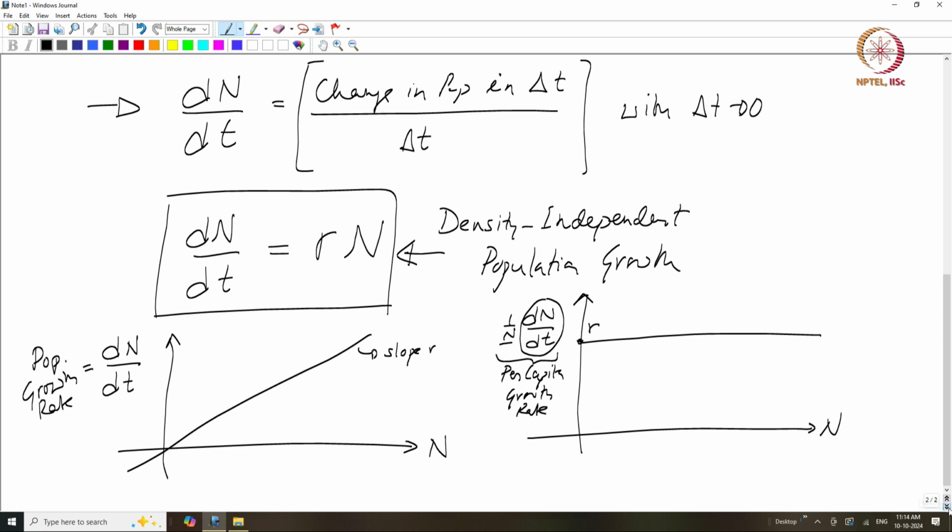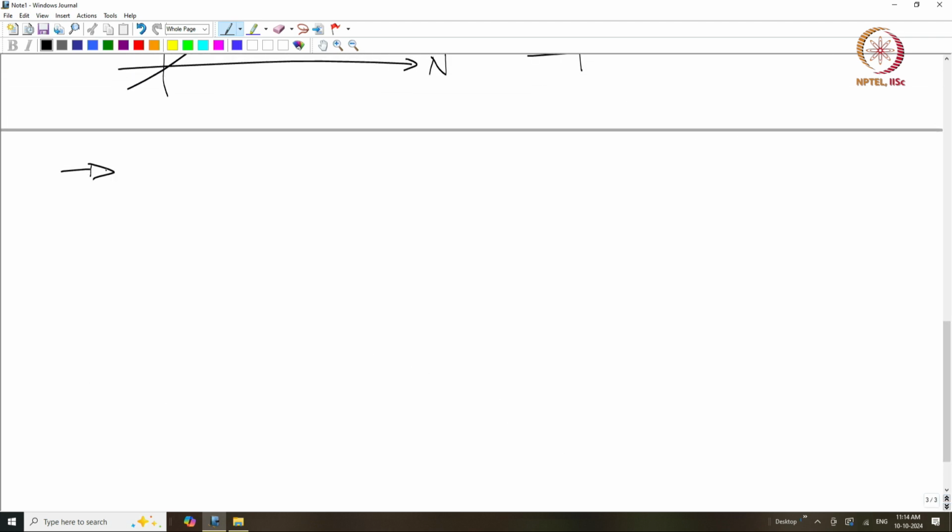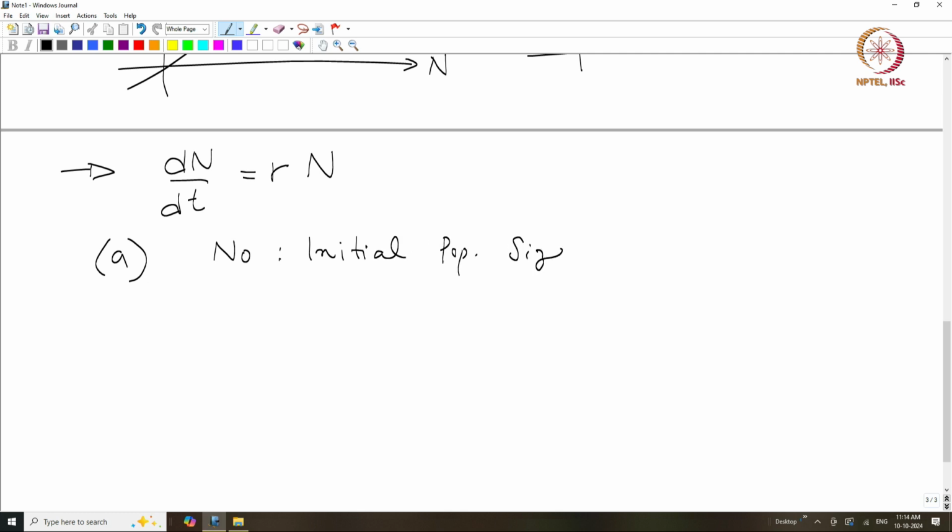Okay. Moving forward, let us understand this equation a bit better. These types of equations are called differential equations. Without going into mathematical details, let me describe two important properties. One is that if we know that N0 is the initial population size, then the population at time t would be given by N0 times e^(rt).